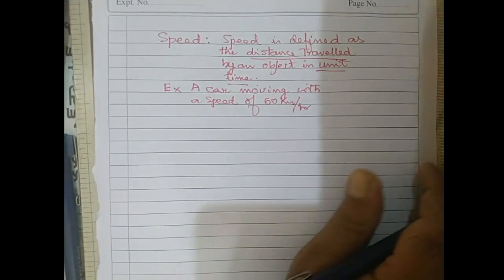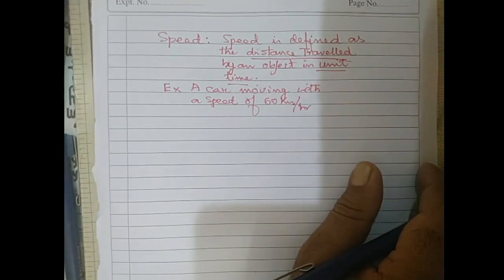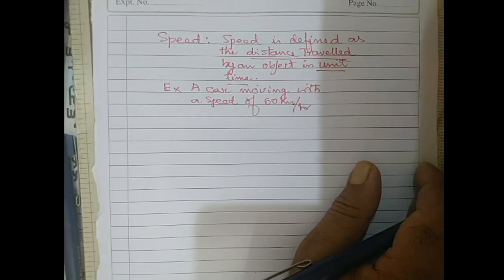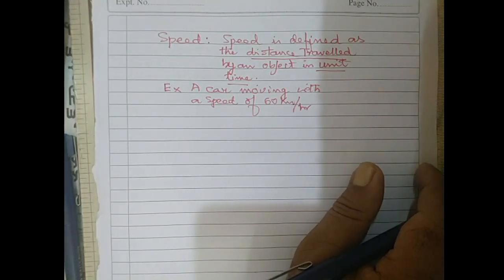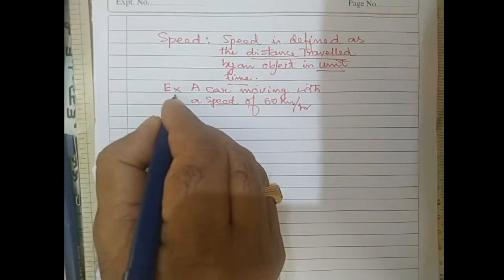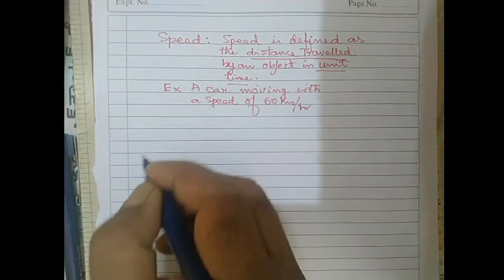We need not travel exactly 1 hour. We may travel at any time, and we have to calculate per 1 hour how much distance it will be covered. First I'll give the formula, then after I'll give the problems, then you will understand the clear idea about speed.